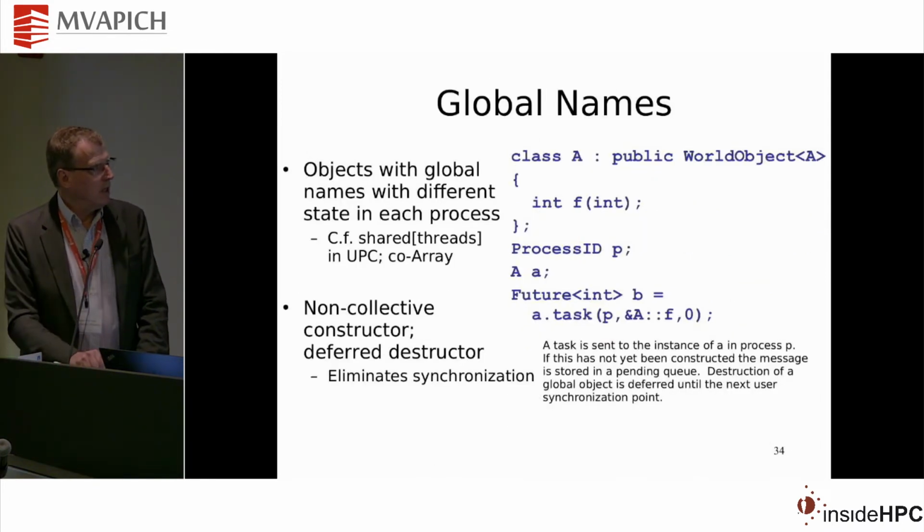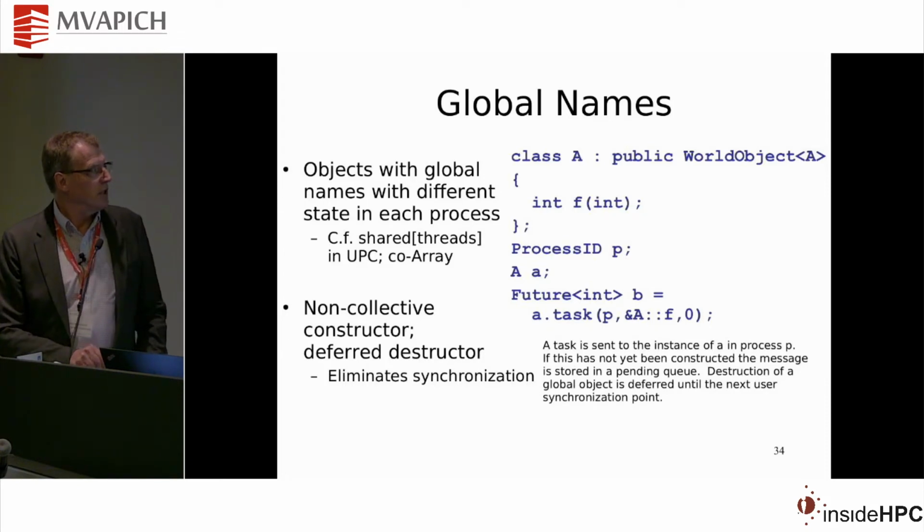We build objects that essentially have the same name in a given application. So for instance, here this instance of this class would exist in all processes, and you could launch computation in each instance of those, invoking methods of that object.